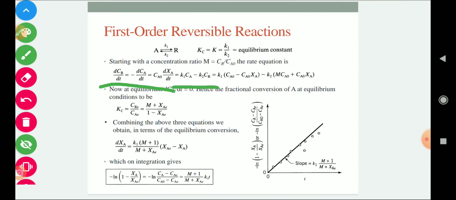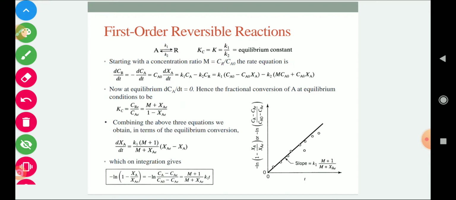And if we write this in terms of conversion, then k1 (CA0 minus CA0 XA) minus k2 (M CA0 plus CA0 XA). Now, what happens at equilibrium? There is no change in concentration, so this dCA by dt will be equal to 0 at equilibrium.